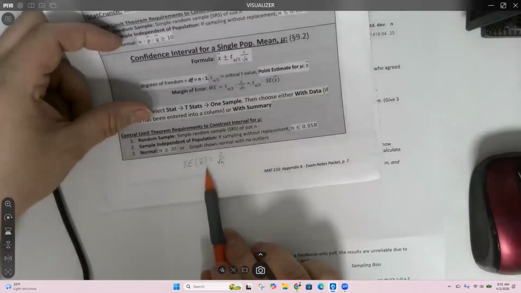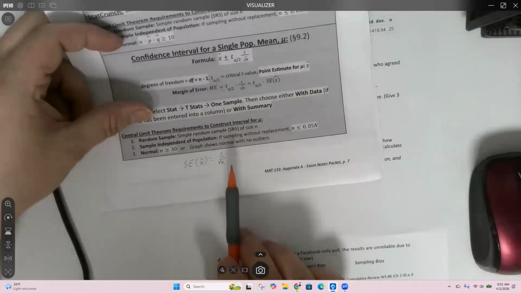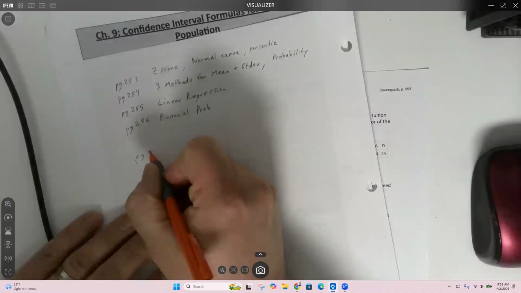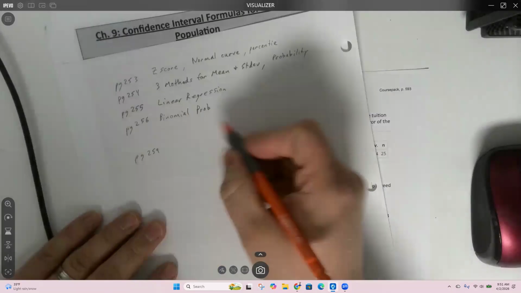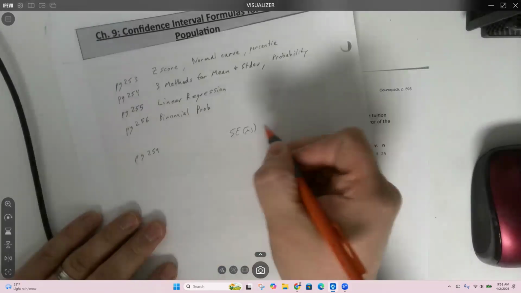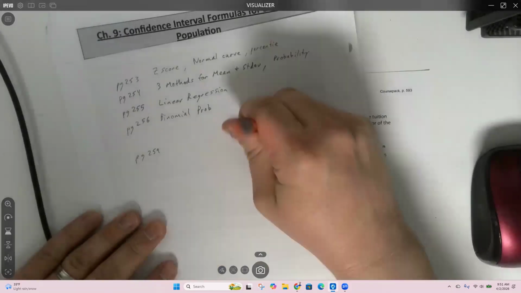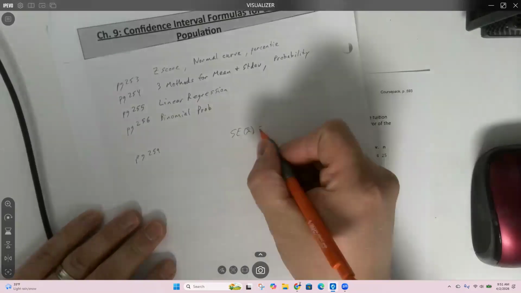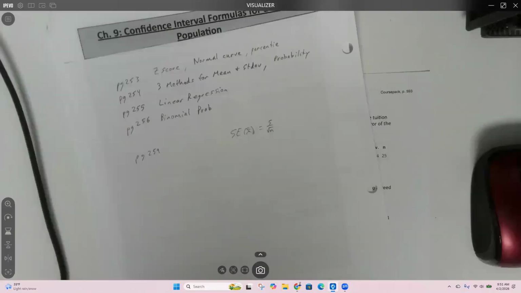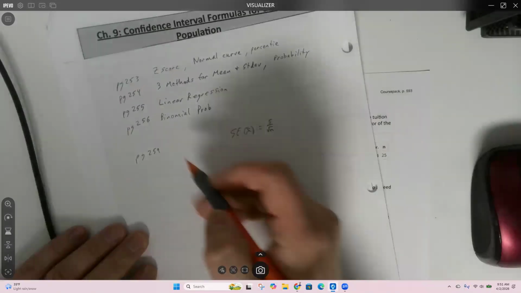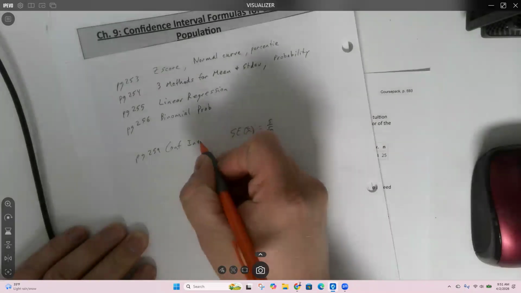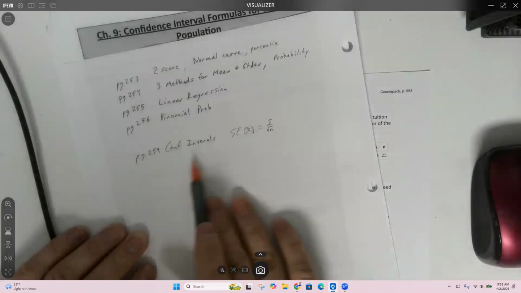If you want to include that on your exam notes packet, you can include the standard error on page 259. Or if you just want to have the formula on your 8.5 by 11 piece of paper, it's not that big of a formula, right? So this is confidence intervals on page 259.